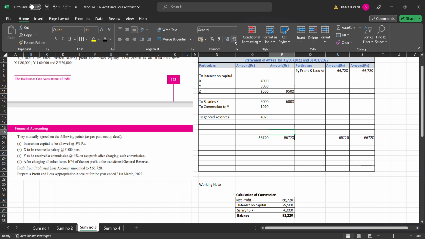Now what I'll be doing here is, to profit and loss account, I'll sum up everything. So 66,720 minus this, I'll get 34,325 as my profit.